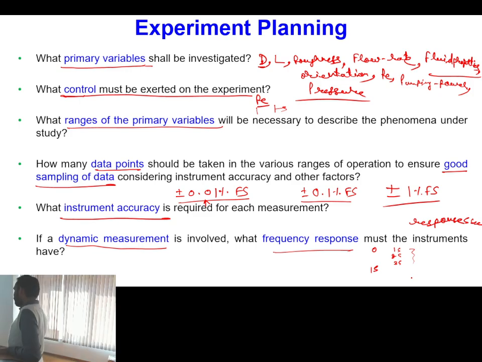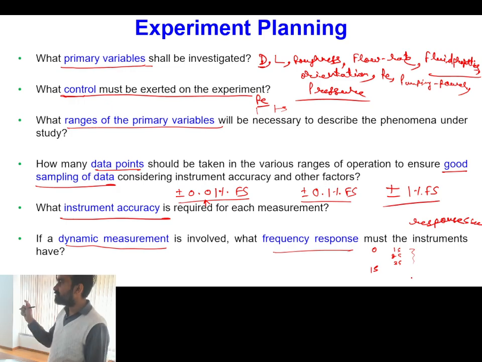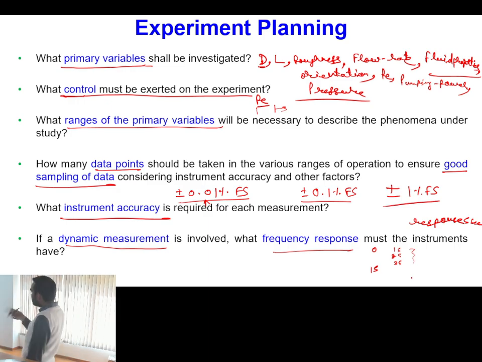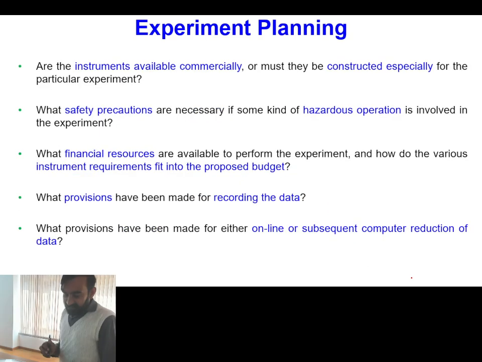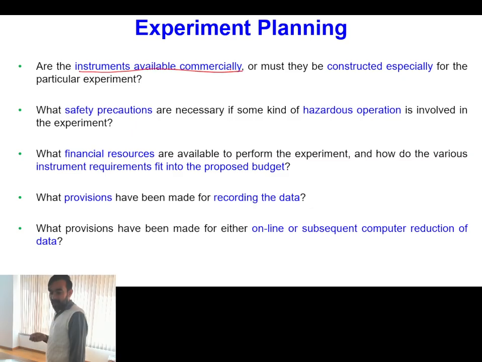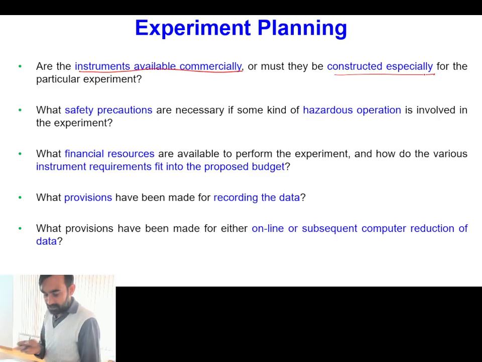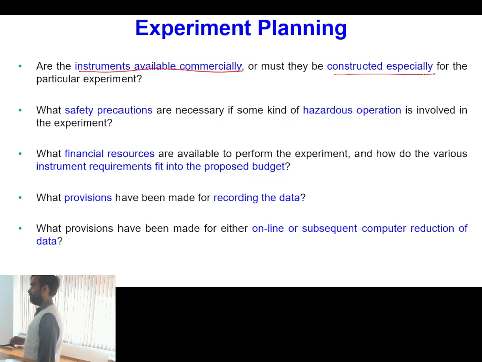Is this one clear? So for dynamic measurements the response time of the transducer will be important, and it should be less in comparison to the requirement of the dynamic measurement. Then next is, are the instruments you have chosen commercially available, or must they be constructed especially for the particular experiment?